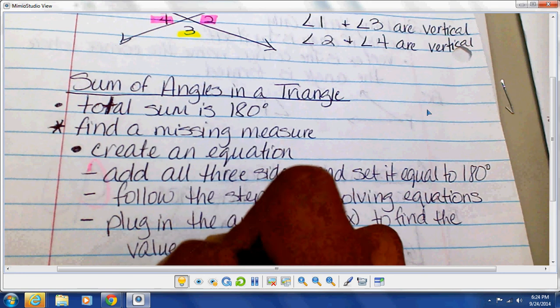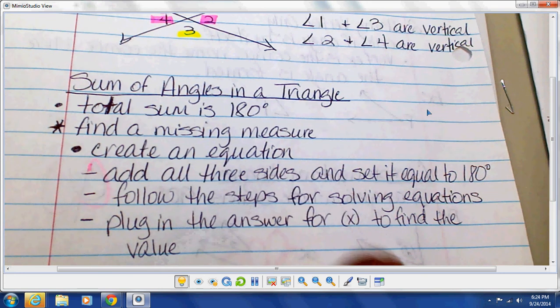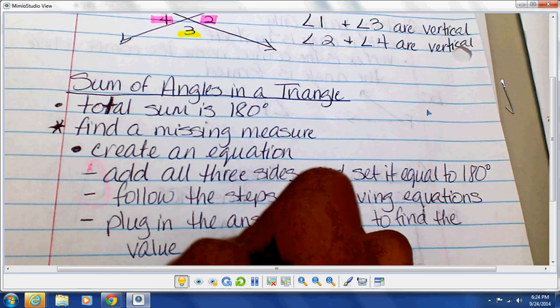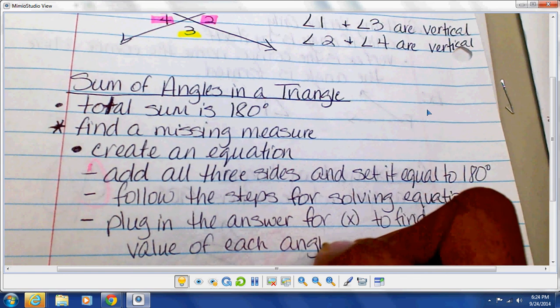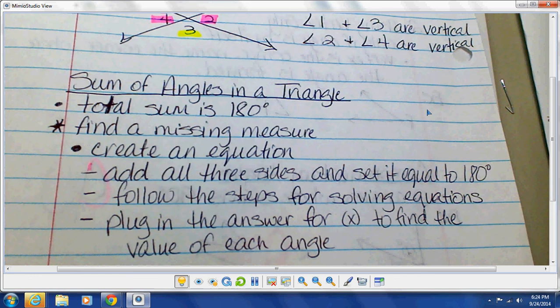And that is what we'll be doing in the next video, or in the second part of the video. So therefore, we're going to be doing some examples where we're going to be using our equations to solve for missing values.